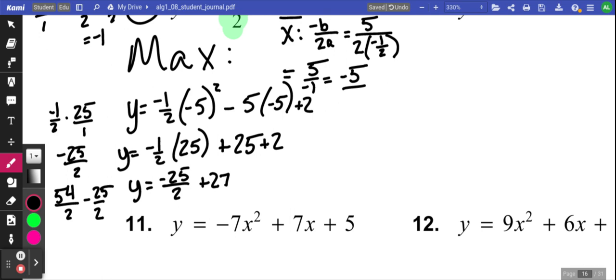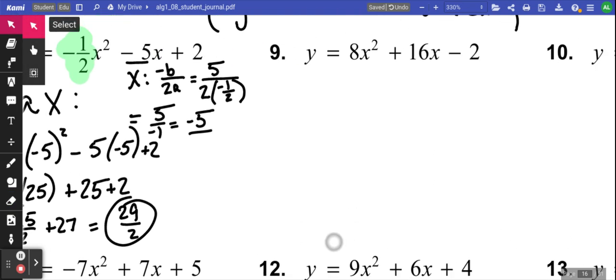I can't do mental math when it's this early in the morning. 54 minus 25, I get 29 halves. So 29 halves is my y value. I think maybe a couple of your homework problems give you numbers that nasty, but for the most part, probably not.